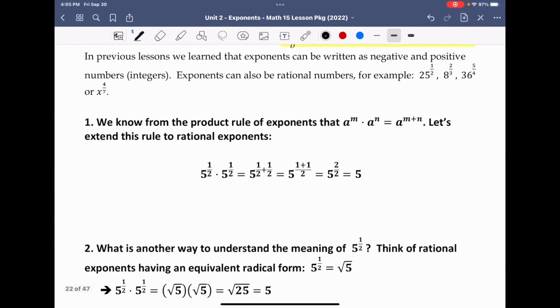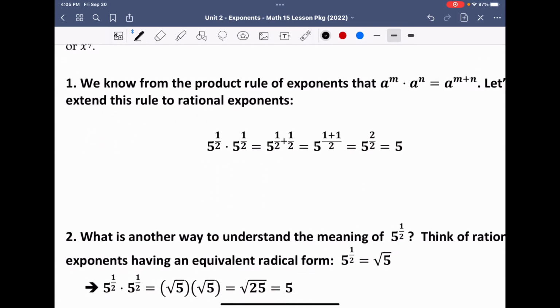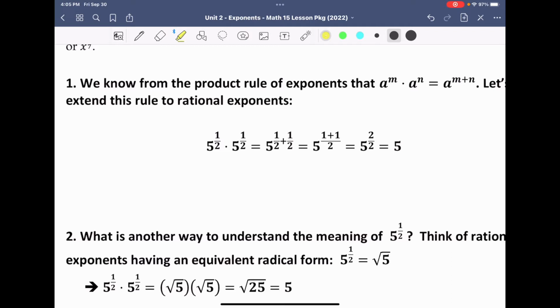Okay, well, let's consider the following, and we'll try and connect it to what we've done before. The product rule stated that if we have two things with a common base, we add their exponents. So we look at the example below and we say, okay, we have a common base of 5. I add 1/2 and 1/2, and that will give me 5 to the 1 power, because 1/2 plus 1/2 gives me 1.